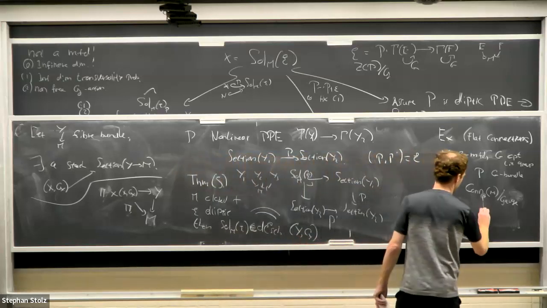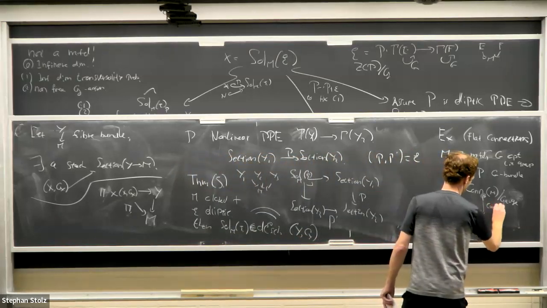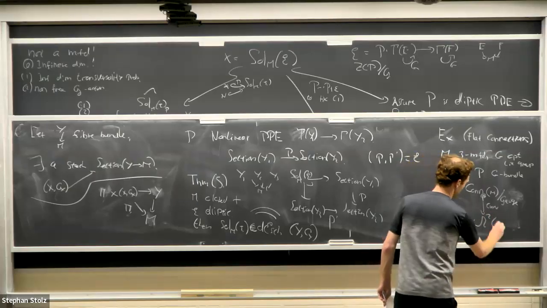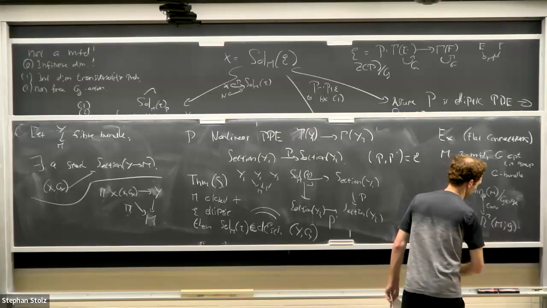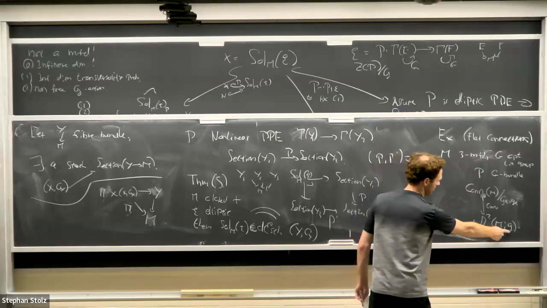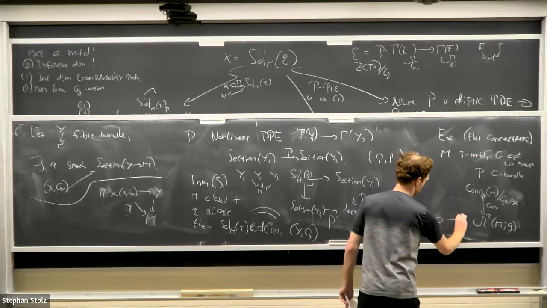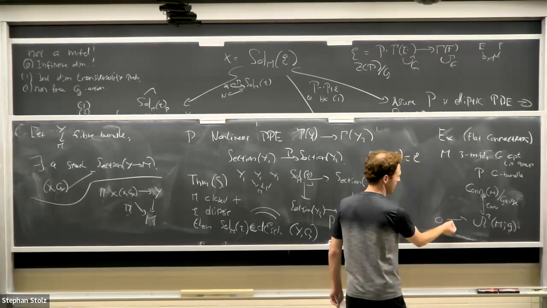This is something you can construct in this big infinity category. And the curvature map is a nonlinear second order PDE that lands in the stack of two forms with values in the adjoint bundle. And to be flat is just demanding that this is equal to 0.